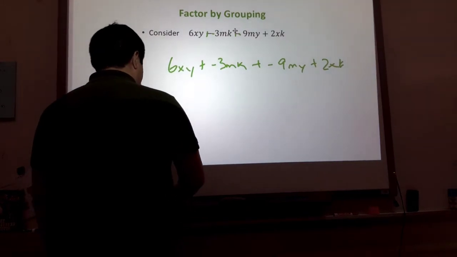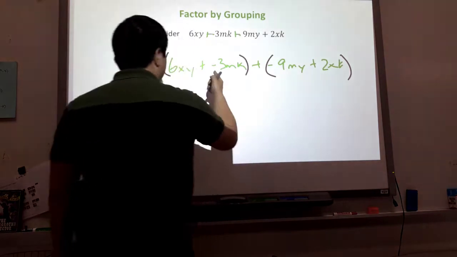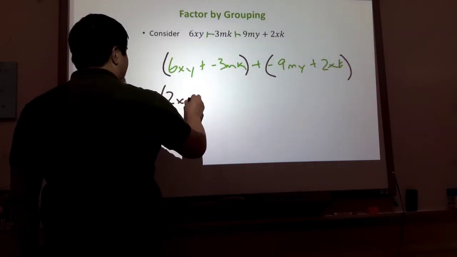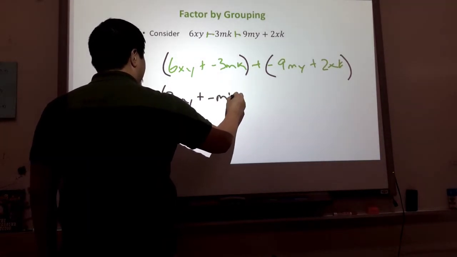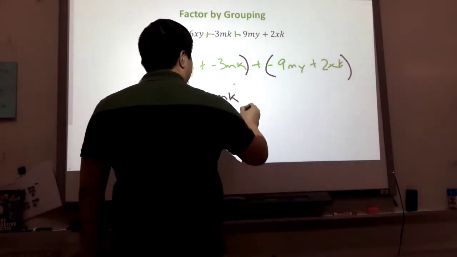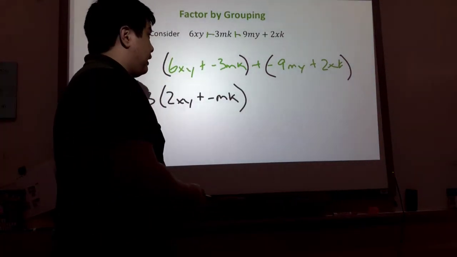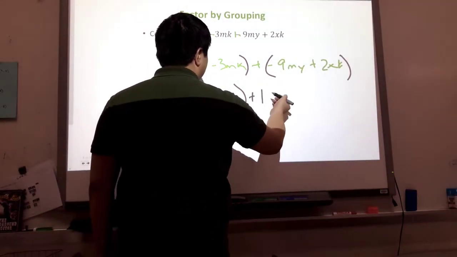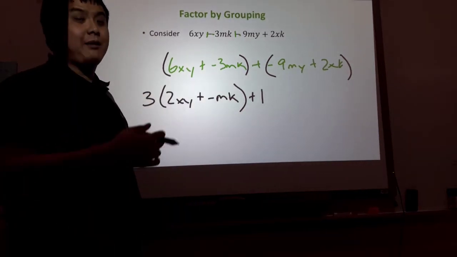We would factor a 3 right here, and we get 2xy plus negative 1mk. And then over here, we couldn't really factor anything out. And that's a little bit troublesome. We could factor out a 1 or a negative 1, but that doesn't really get us anywhere. We're not going to get the binomial that's the same in both terms.